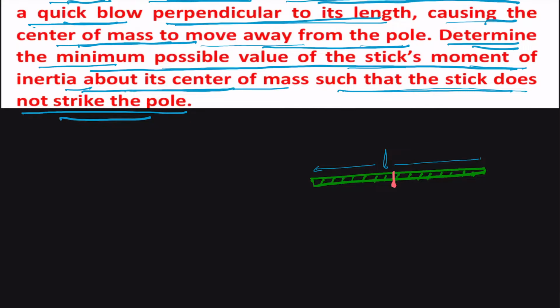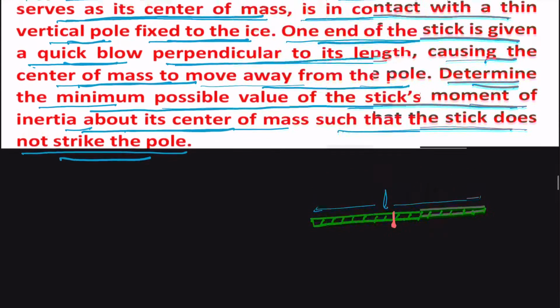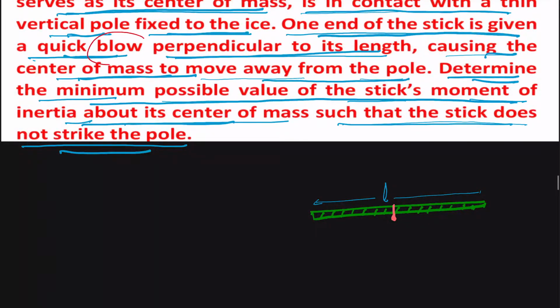An impulse is given, a blow perpendicular to its length, so somewhere here we are applying a force, and we have to find the moment of inertia about the center of mass such that the stick does not strike the pole. It should miss the pole. So this is our pole P, and this is also the center of mass of the stick. They should not hit.